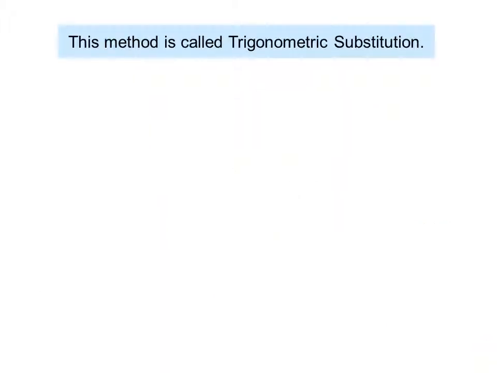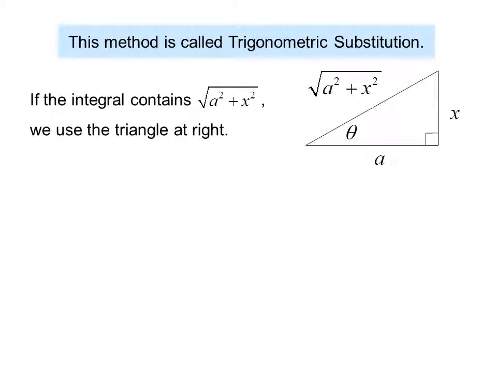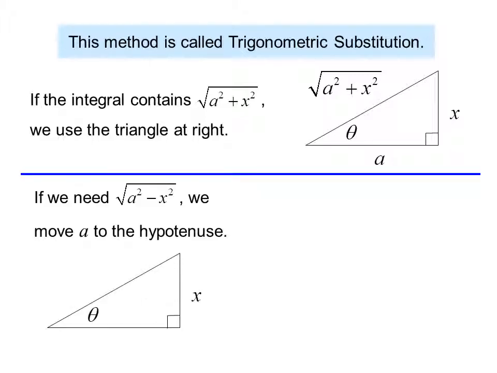This method is called trigonometric substitution. If the integral contains radical a squared plus x squared, we use the triangle at right. If we need radical a squared minus x squared, we move a to the hypotenuse.